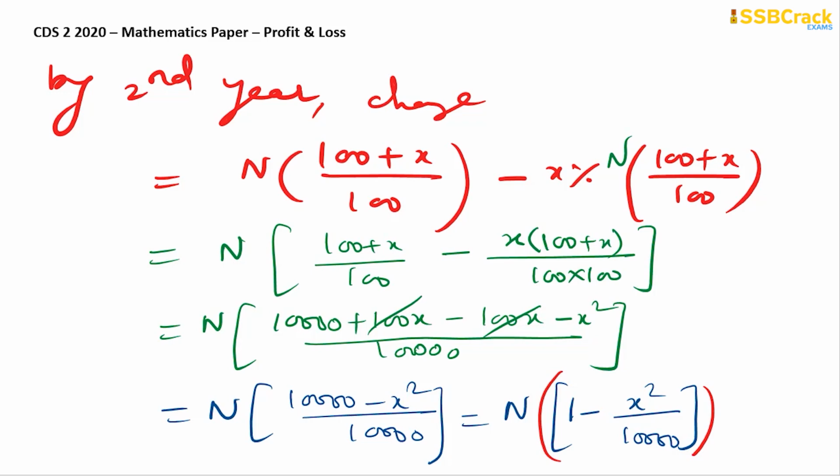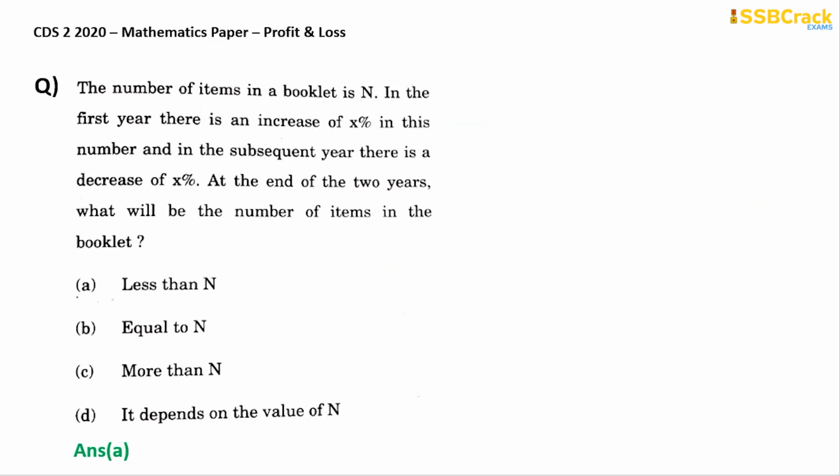Less than 1 multiplied by N will obviously be less than N. And hence what we obtain by the end of the second year, the number of atoms is less than N. And hence the key for this particular question we obtain to be option A. At the end of 2 years, the number of atoms in the booklet will obviously be less than N.